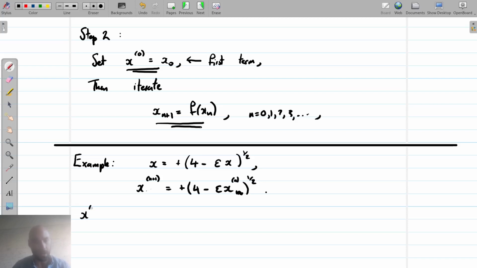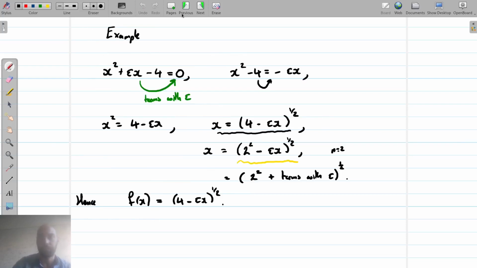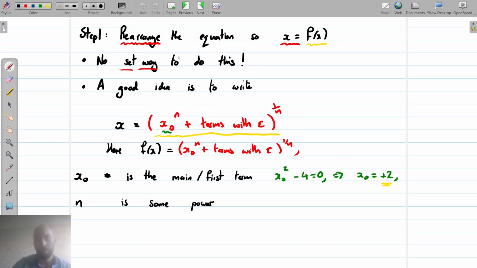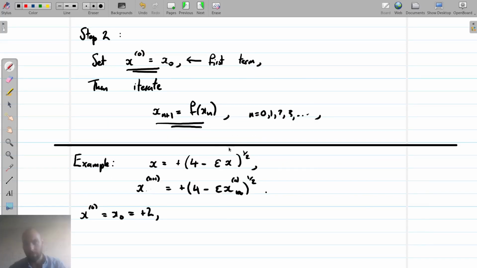Going back to our case, we've got x naught is equal to plus 2. That 2 came from all the way over here, that's where it came from. Then I can use this formula, so I'm going to throw n equals 0 into here.